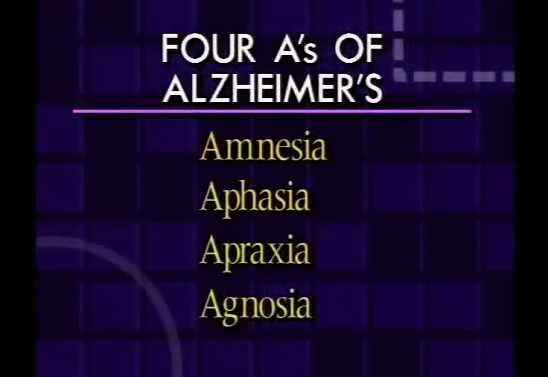If you're going to talk about dementia, then in most instances you're going to be talking about Alzheimer's disease. If you want to understand the cognitive symptoms of Alzheimer's disease, you have to know the 4 A's of Alzheimer's disease: amnesia, aphasia, apraxia, and agnosia. If you don't know the 4 A's of Alzheimer's disease, you will be constantly baffled by your patient's symptoms.